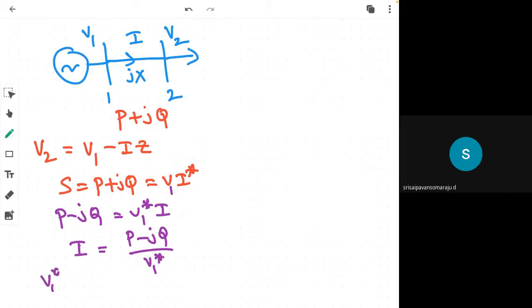V1 conjugate is equal to V1, it is the reference. Let us take the reference phasor, so let us take this as the reference, V1.